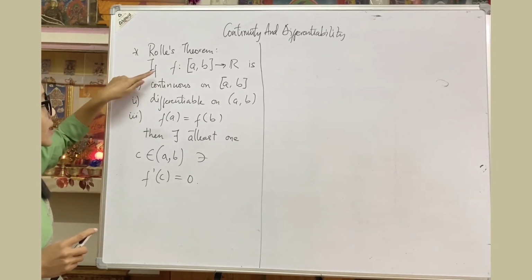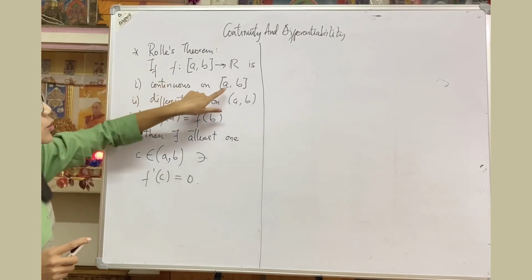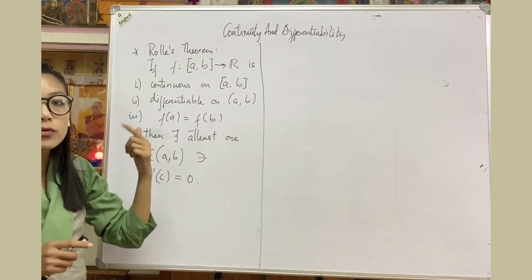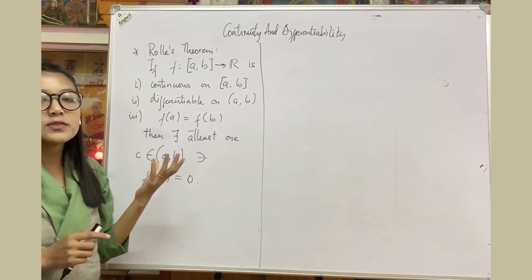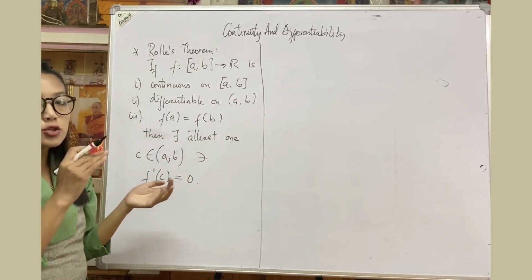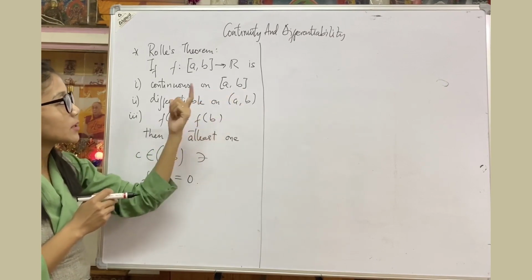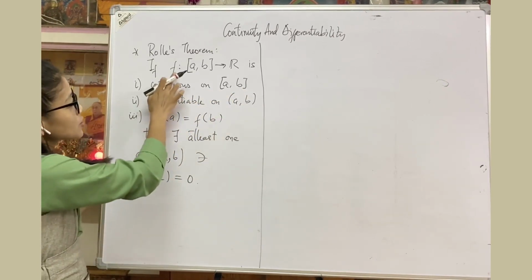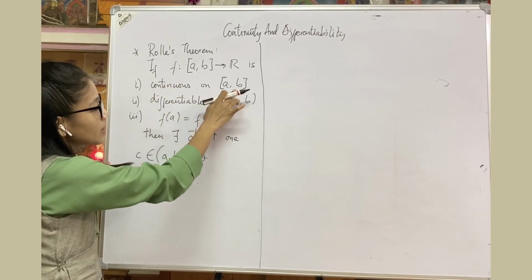If f is continuous on closed interval a b, we had already studied when we say that a function is continuous. Within the closed interval a b, the graph of this function is not broken anywhere. So this function f is continuous on closed interval a b.